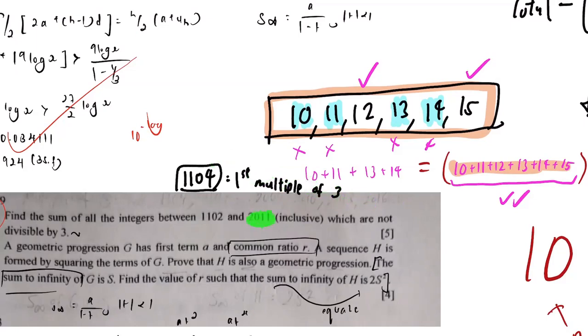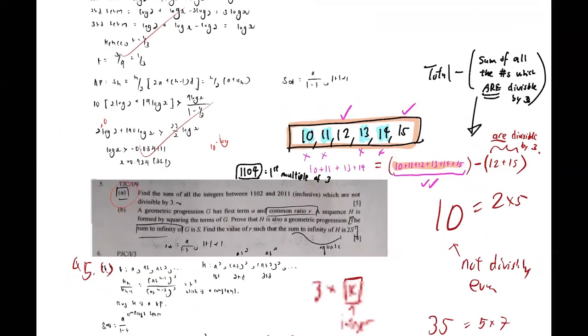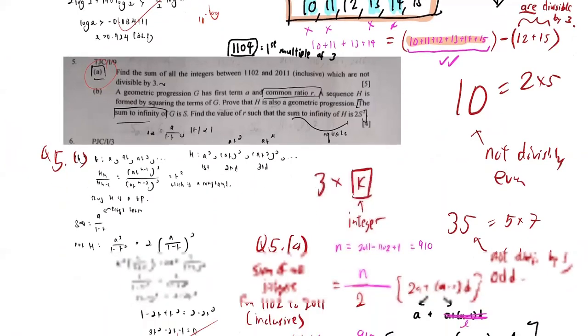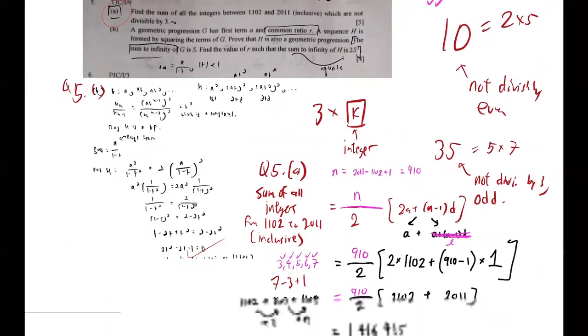We have to be less than or equal to 2011. Then let's think about it. 2011, is it divisible by 3? No. Maybe it's better if I just list down the numbers. 1102, 2011. Yeah, no space again. Wait a minute, give me a second.